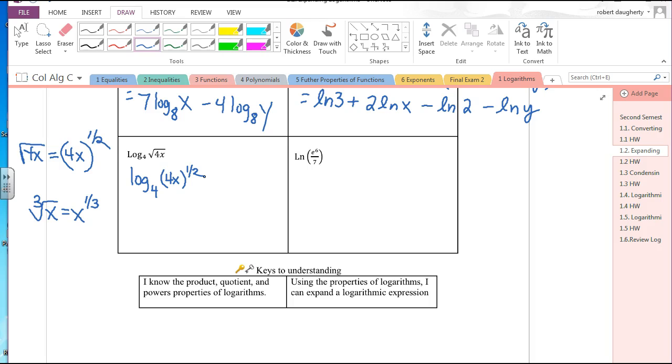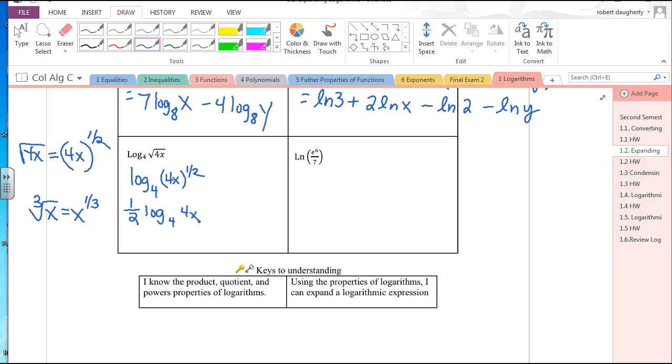Since everything is raised to the 1/2 power, I can bring this 1/2 out front. 1/2 the log base 4 of 4x. Now what do I see, the log of a product, quotient, or a power? Log of a product.